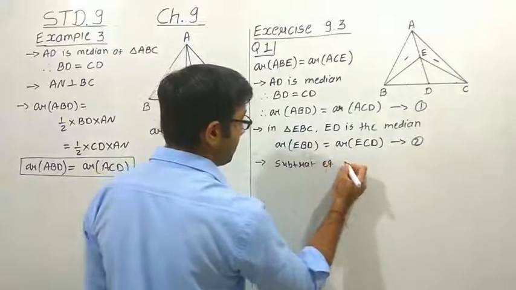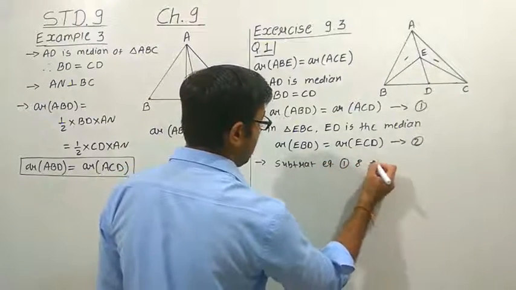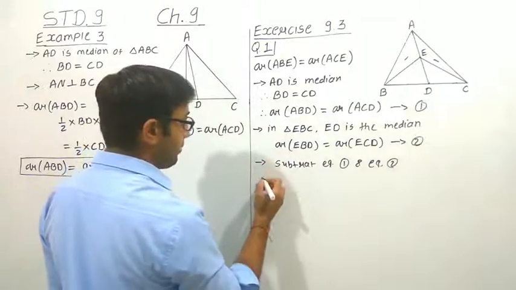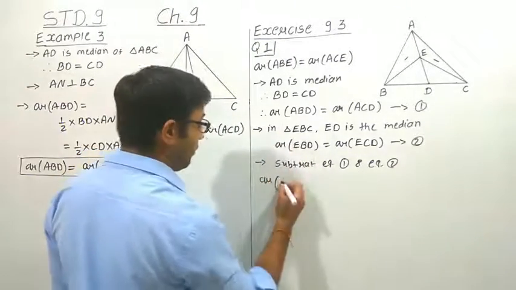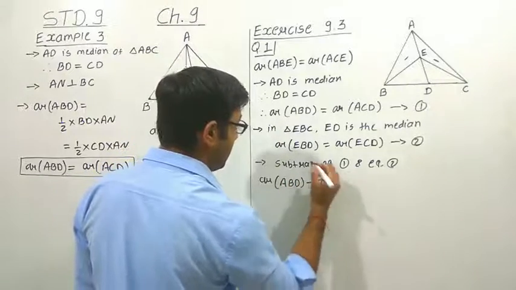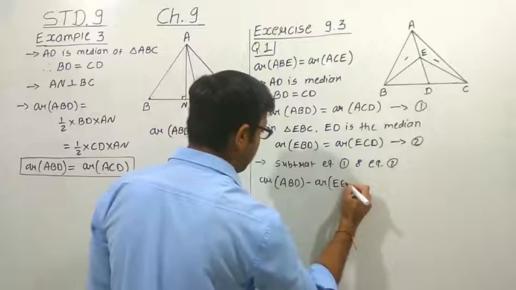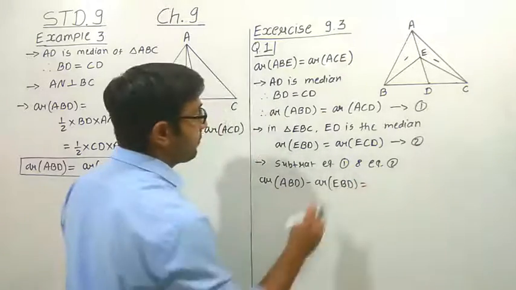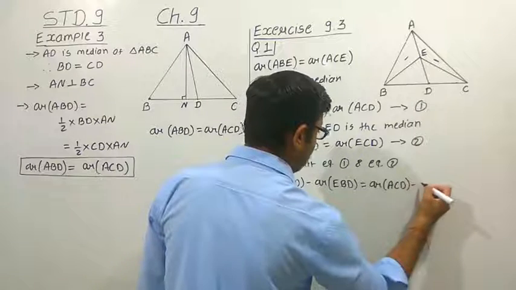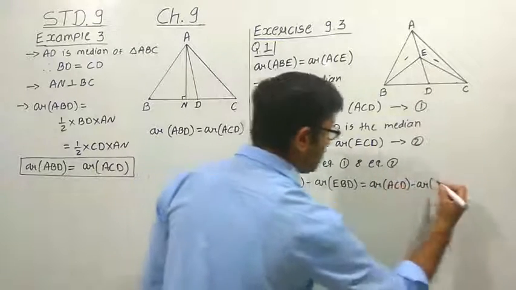Subtract equation number 1 and equation number 2. So the left hand side is subtracted from the left hand side. So we get the area of ABD minus area of EBD is equal to area of ACD minus area of ECD.